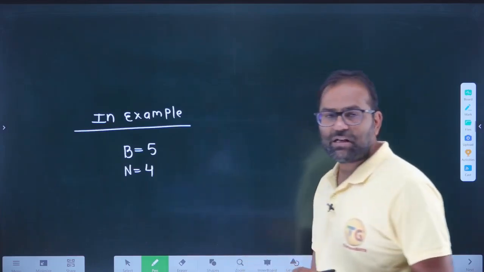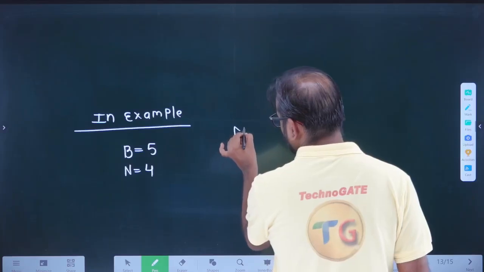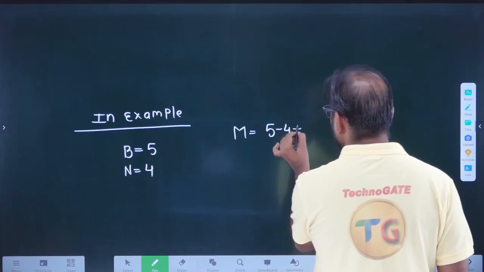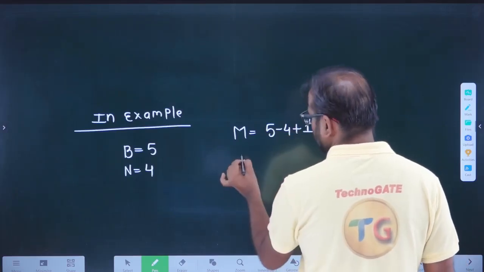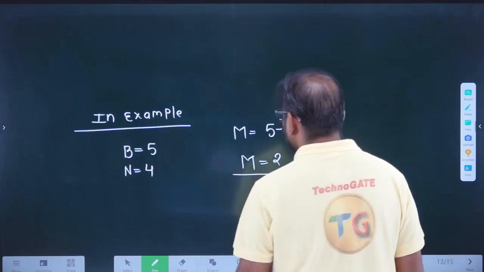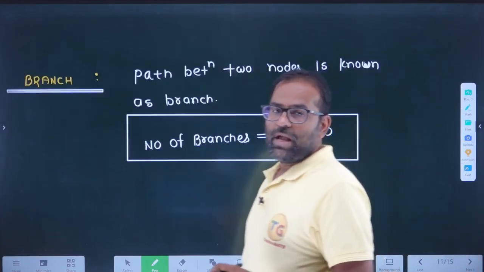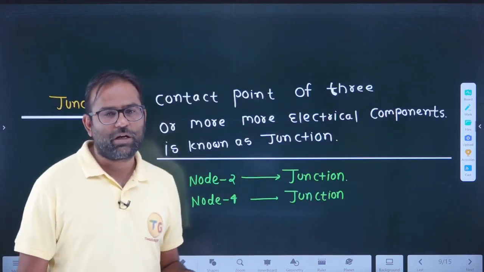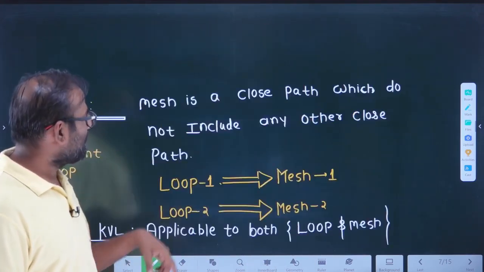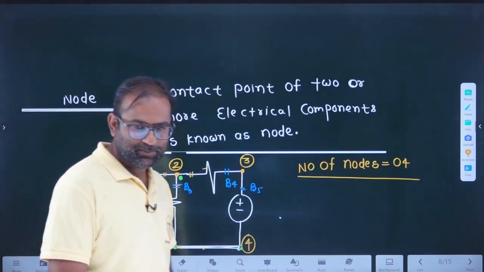And if they ask how many meshes are available in this, you can say M is equivalent to B minus N plus 1. So number of mesh is equivalent to 5 minus 4, which is 1, 1 plus 1 is 2. And when you look at the circuit, only 2 meshes are available here.